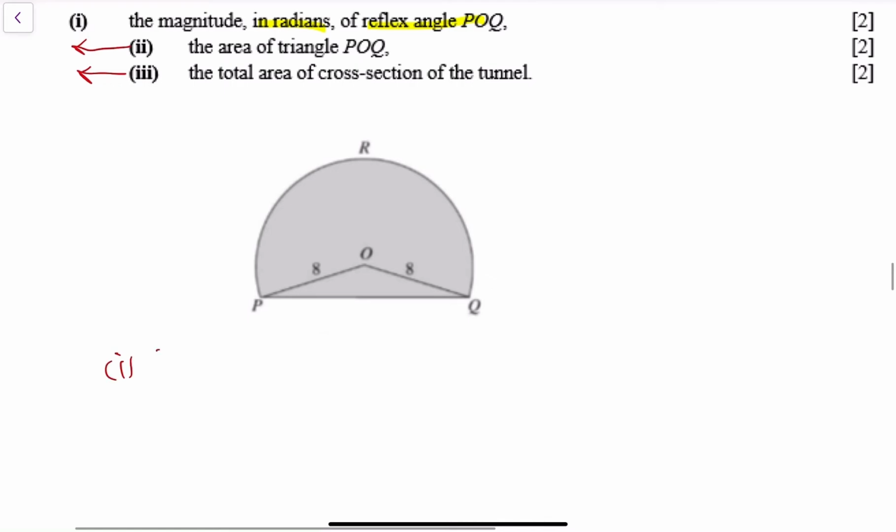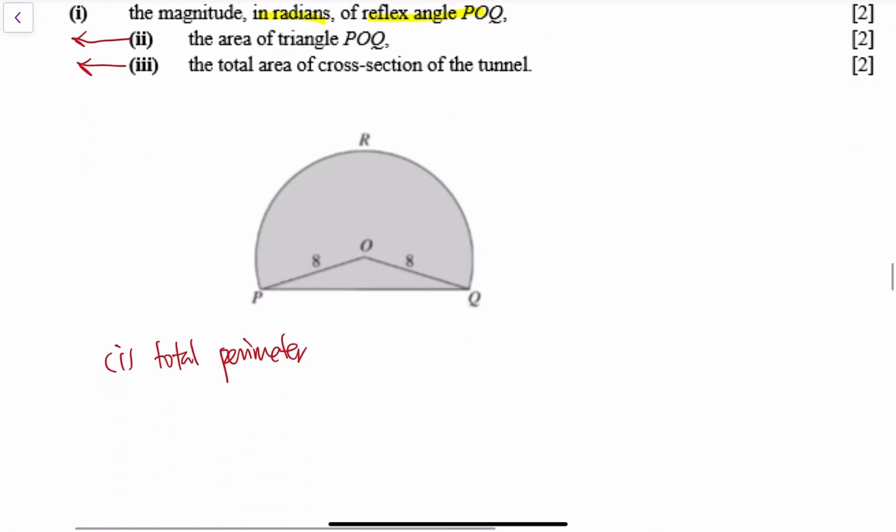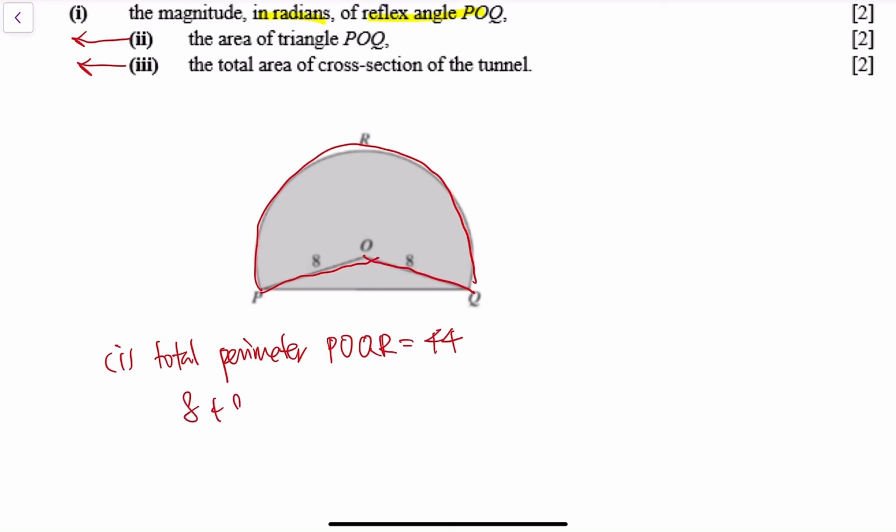So part 1, the total perimeter POQR is equals to 44. So I know that this arc plus these two lines is equals to 44. So 8 plus 8 plus arc length PRQ is equals to 44.